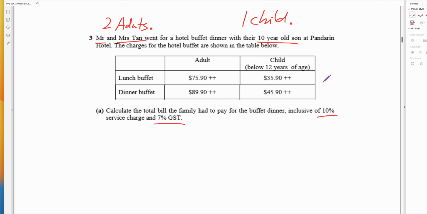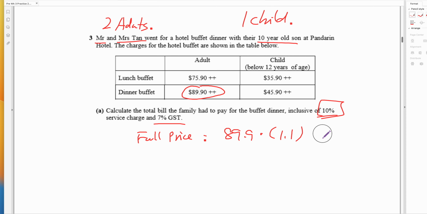You get the full price for the adult first. So full price for adult is 89.9. First you give it a 10% first, which is 1.1. Can you give me the answer? Use your calculator. Let me tell you the logic.